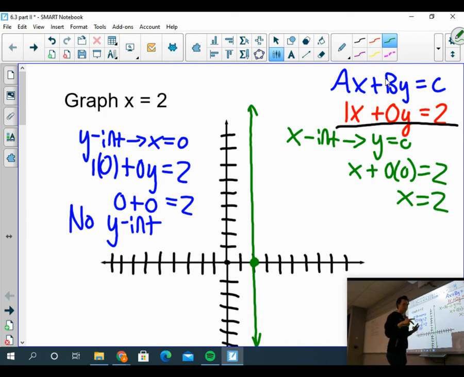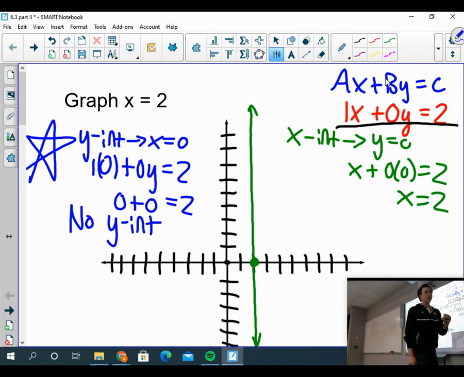Well, x is the horizontal axis. I'll just throw it at y equals. No, that's what we don't want to happen. Again, we want to think about this, and we can see the reason it's a vertical line is because there is no y-intercept. We can also think about it in terms of no matter what I plug in for y, x will always be 2, which produces that vertical line for us.